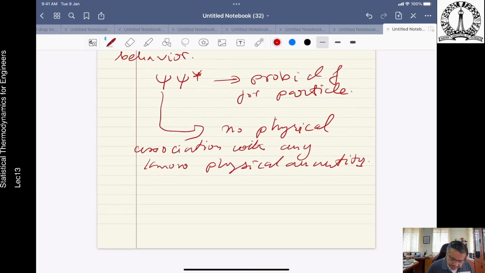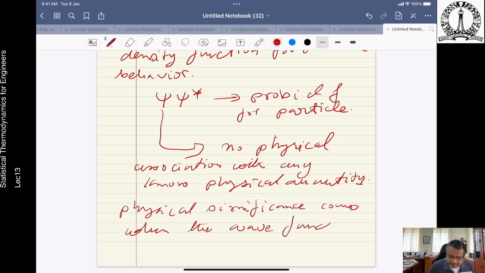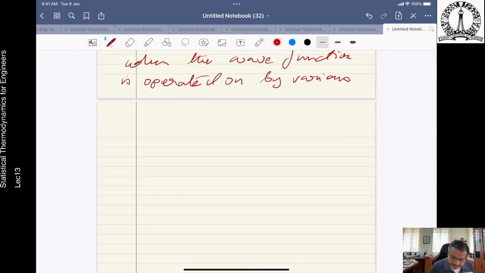The physical significance comes when the wave function is operated on by various mathematical operators.